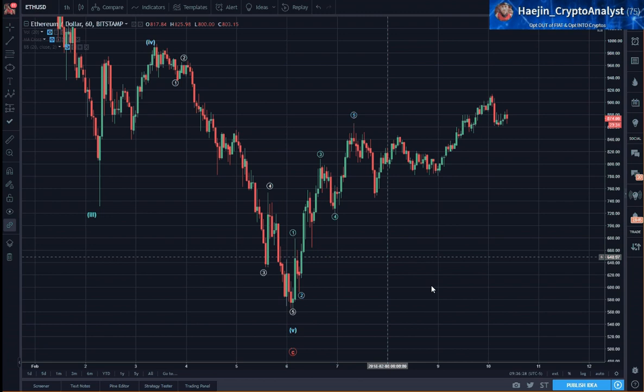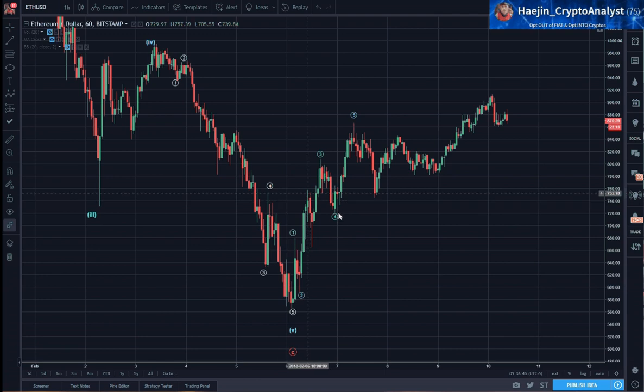But the problem is 4 will overlap with 1. And 4 cannot overlap with 1. That's rule number 2 for me, basically. So having 4 here leaves enough of a gap so that the 4 does not overlap with 1. So 1, 2, 3, 4, 5. And after 5 waves, you get an ABC correction.